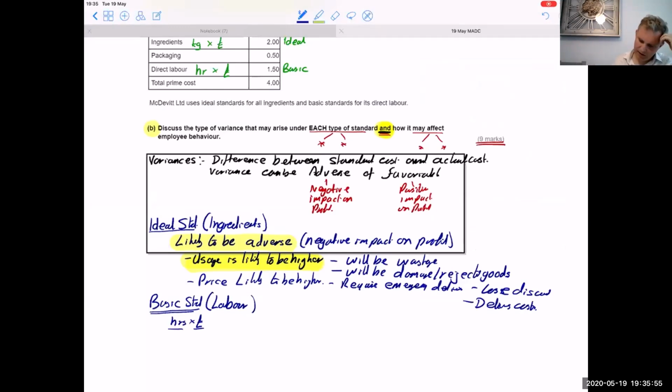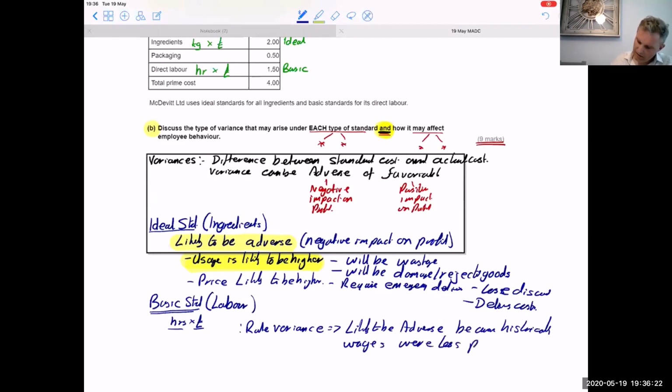So I would say that in terms of the rate variance, well, it's likely to be adverse because historically wages were less per hour than now.